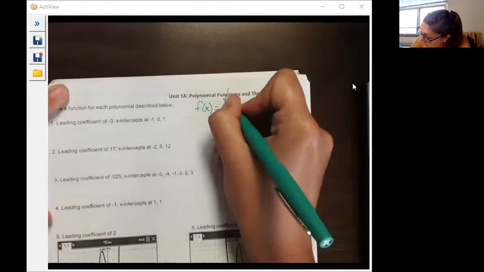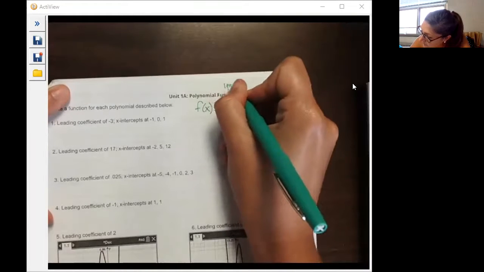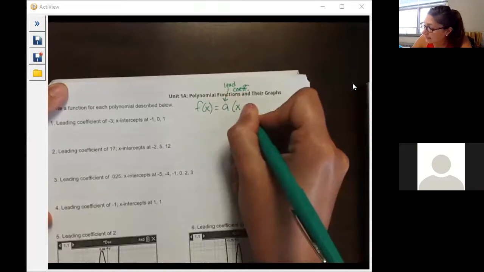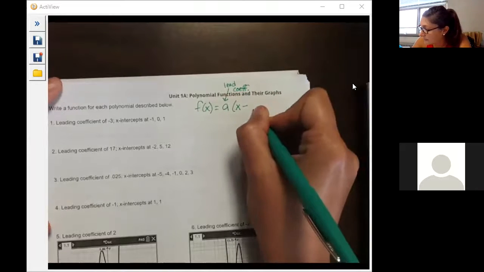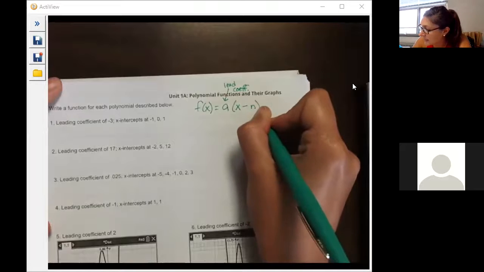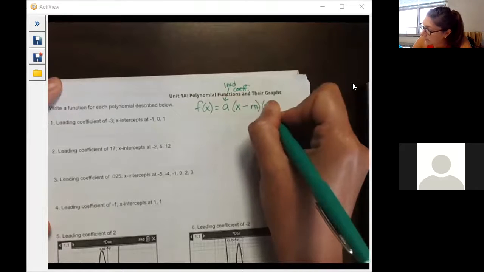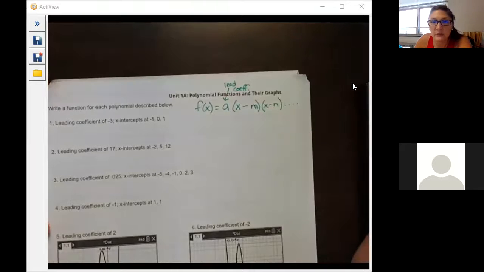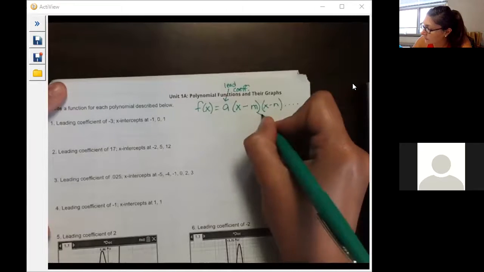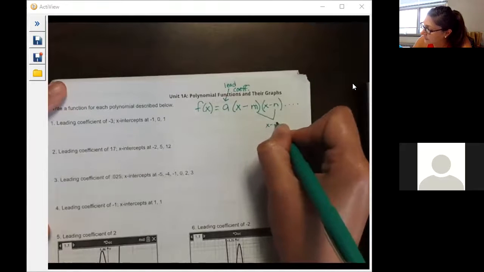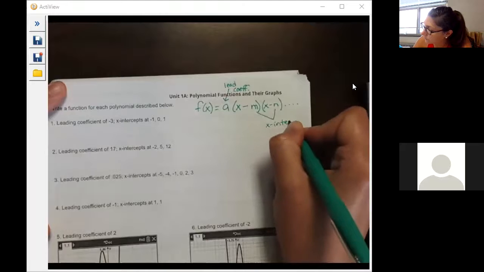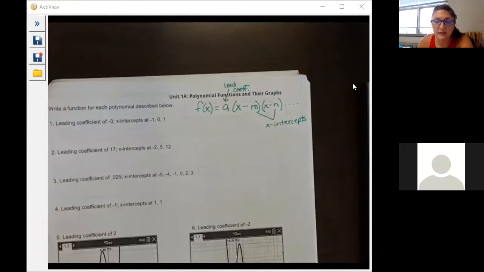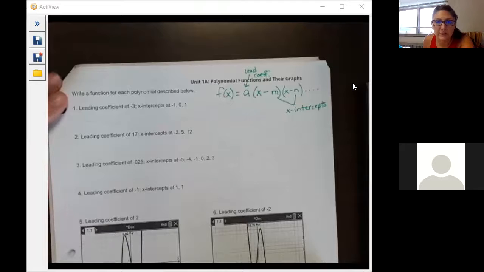So this is the placeholder for our lead coefficient. And then x minus some x-intercept, and then x minus another x-intercept as many times as we need to for our different x-intercepts. So these are all going to be our x-intercepts. Okay, so that's the format that we're going to use here.